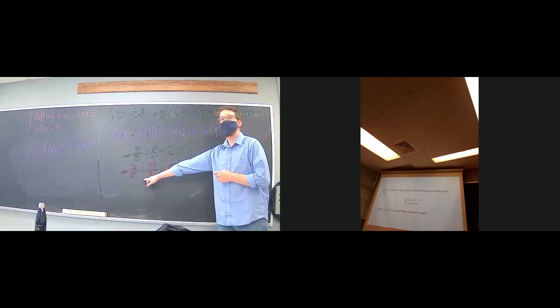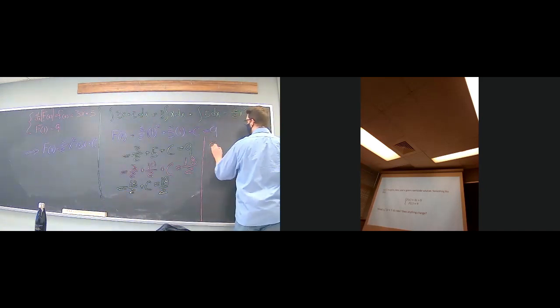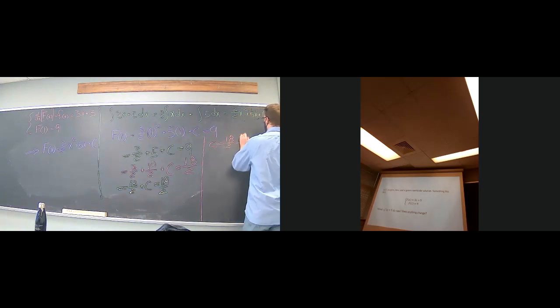So this is going to become 13/2, right? So it must be that c is equal to 18/2 minus 13/2, or this is just going to be 5/2.